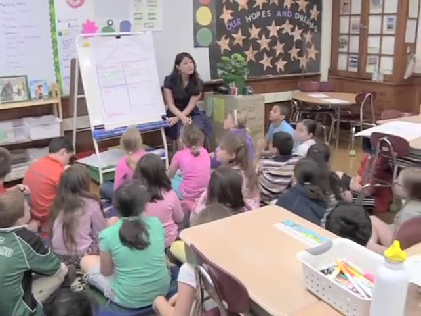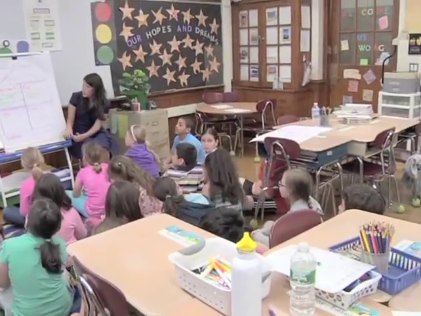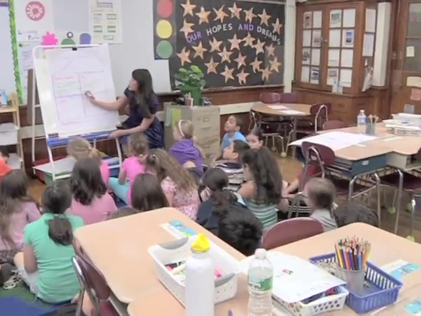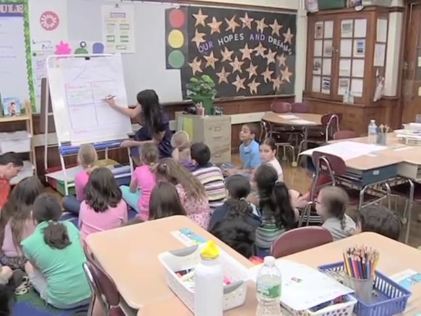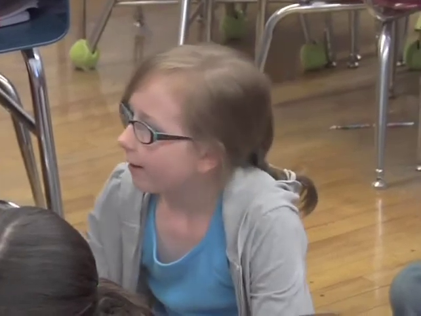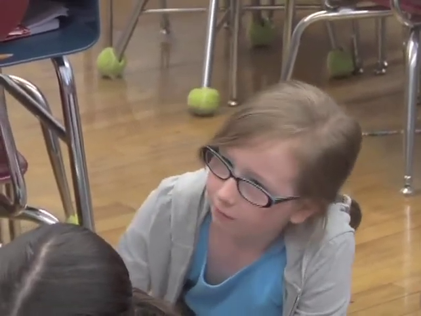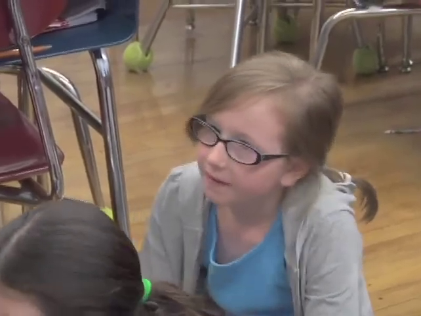Julia, for exceeding the standard, you can write how you figured out the number sentence. Can you give an example of what you might say? If it was multiplication, it said there were 3 buckets and 5 in each one. It would be 3 times 5.